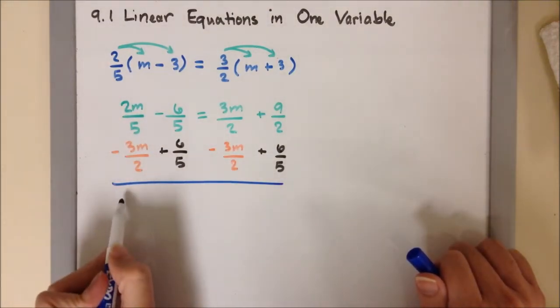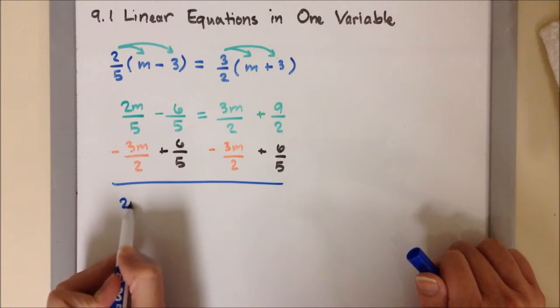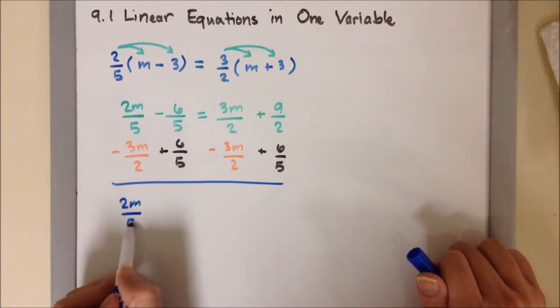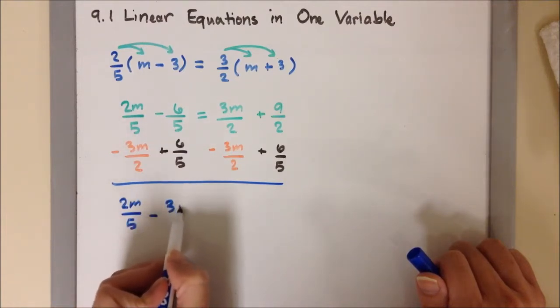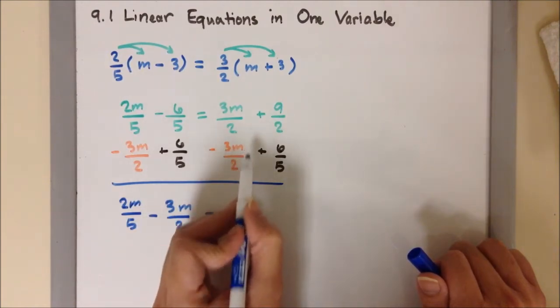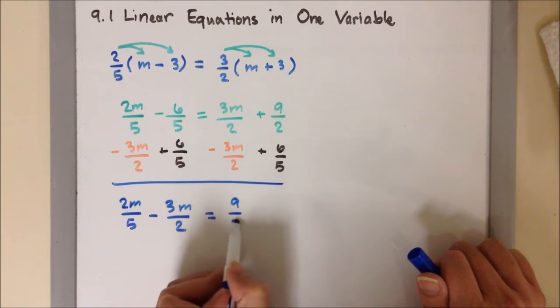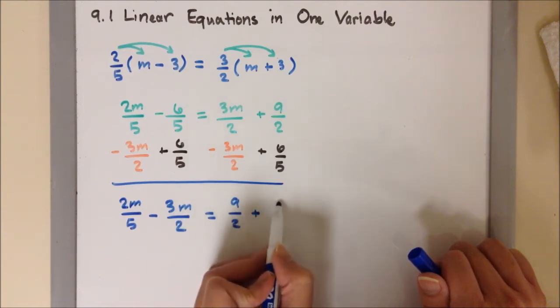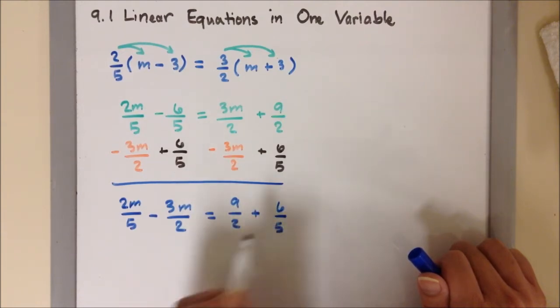Alright, so I'm going to write this side by side, so this is going to be 2m over 5 minus 3m over 2 equal 9/2 plus 6 over 5.